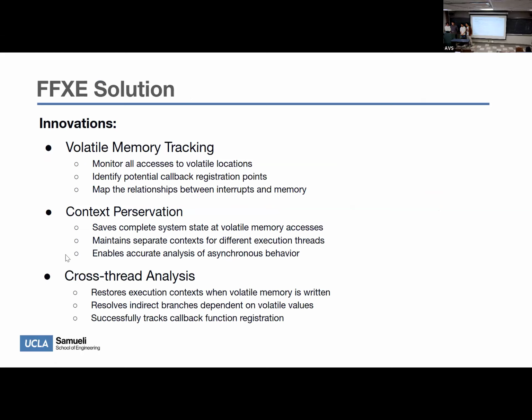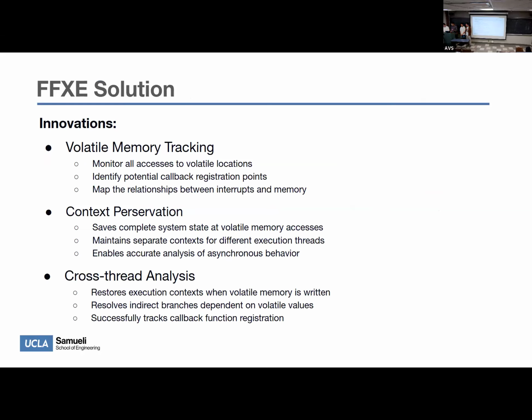There are three key innovations for FFXE. The first one is volatile memory tracking. It is like a smart monitor. It monitors the memory locations where callback functions might be registered during program execution. The second one is context preservation.